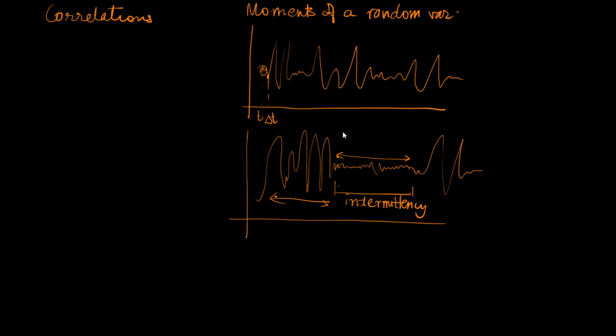So if you try to correlate what is happening after a small time, you will see that a small value is correlated with another small value, and a large value is correlated with another large value. So you are more bothered with the spatial extent or the temporal extent of the fluctuations.